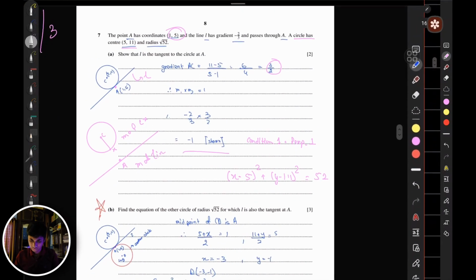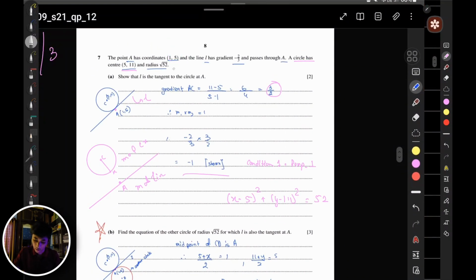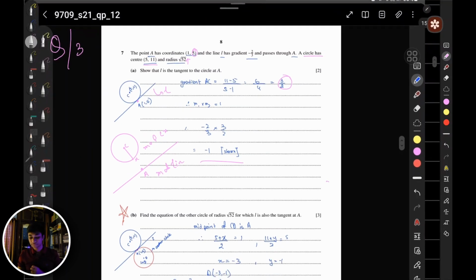I would plug in the x coordinate 1 for A and test if my y coordinate is 5. If it is, then A does lie on the circumference of the circle. And in that case, you have entirely proven that the line is touching the surface of the circle, and the gradient of CA and the line is perpendicular.